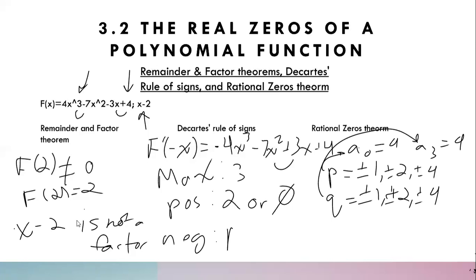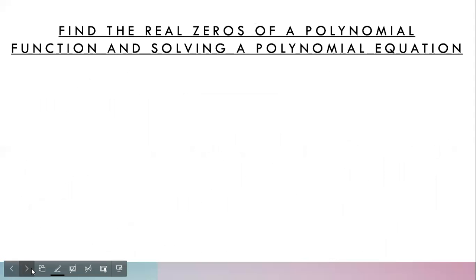And finally, you do p over q, which gives you plus or minus 1, plus or minus 2, plus or minus 4, plus or minus 1 over 2, and also plus or minus 1 over 4. So these are all of your possible rational zeros for this given equation.